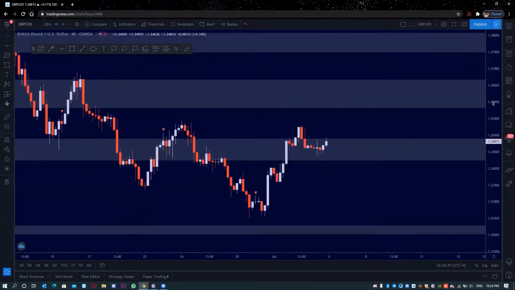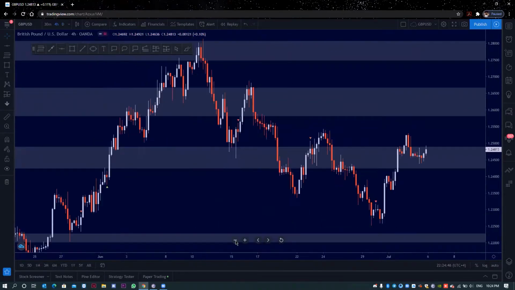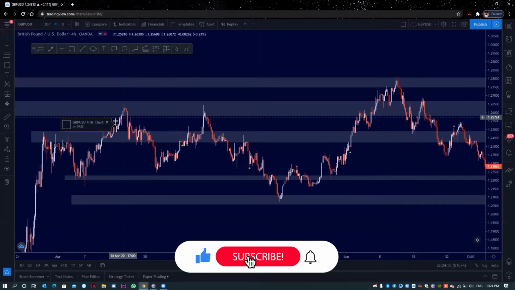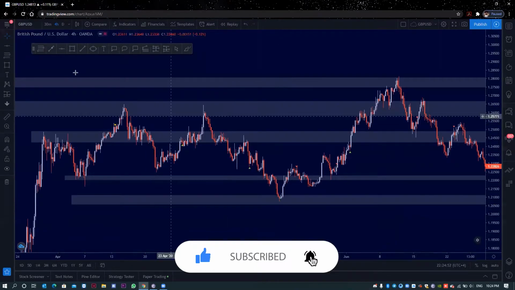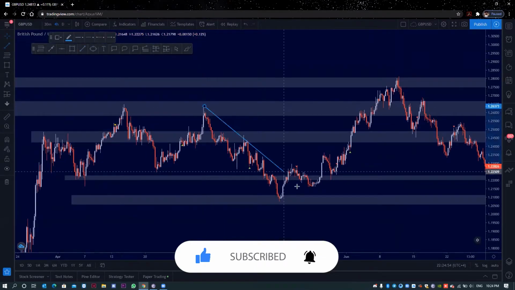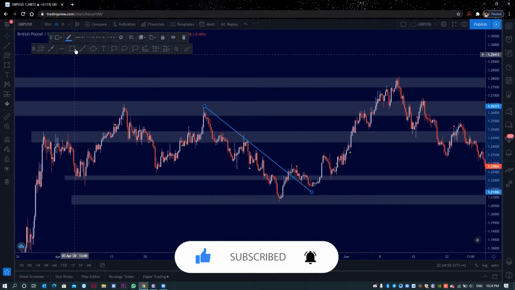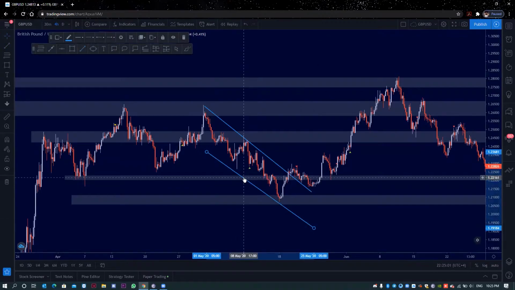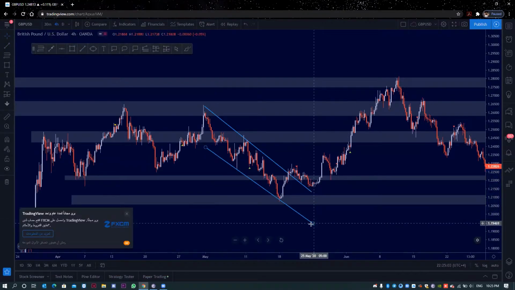Now I'm coming to the 4 hour. We need to check how the market moved previously. It gave you a double top and went down, so you can just put the trend line only. No need to check head and shoulders and so on. You just check how the trend works.